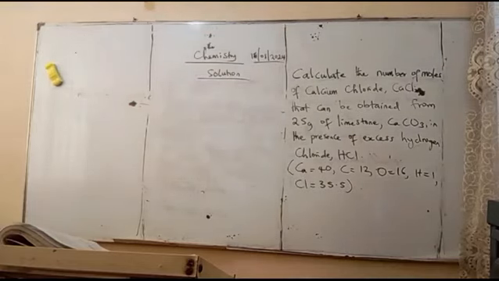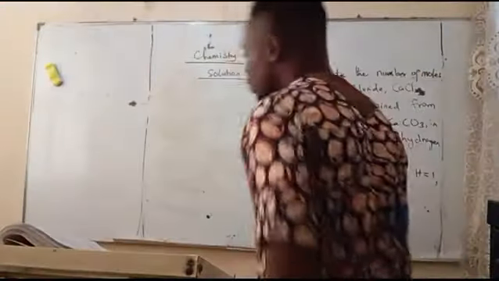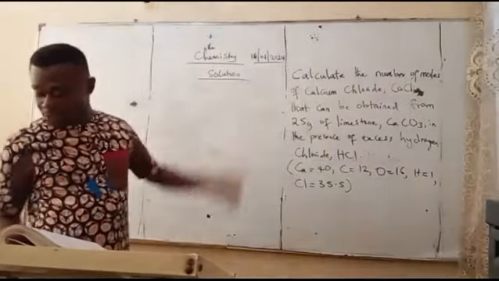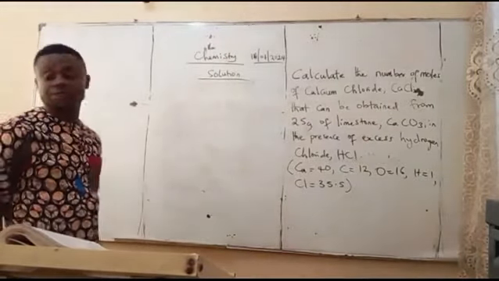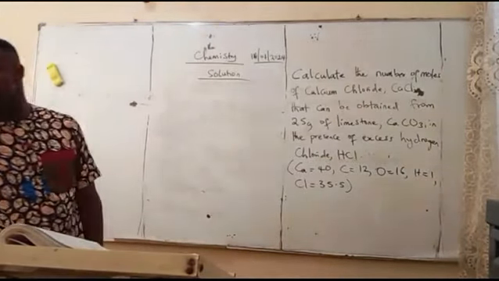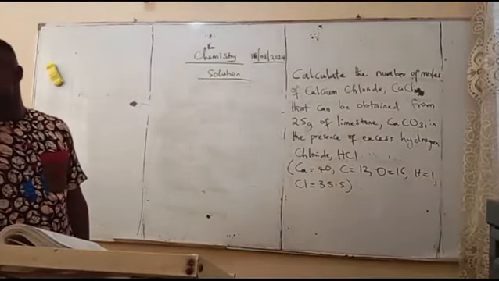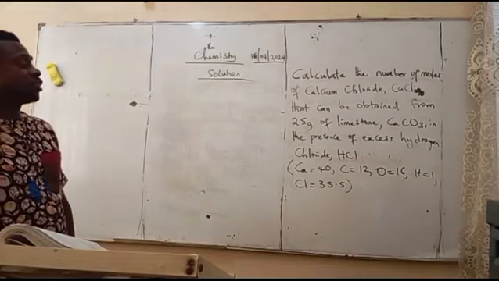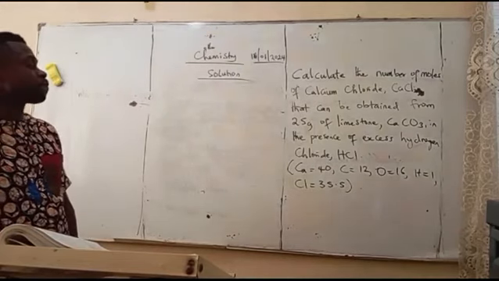Shall we continue? Yes. Okay, now let's look at this question again. It says, calculate the number of moles of calcium chloride that can be obtained from 25 grams of limestone in the presence of excess hydrogen chloride.